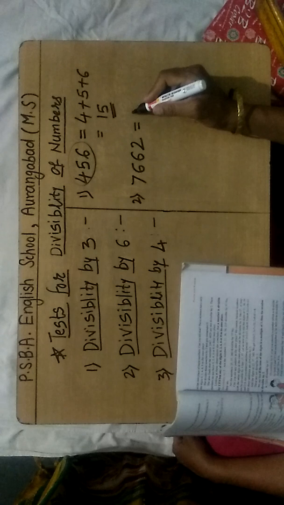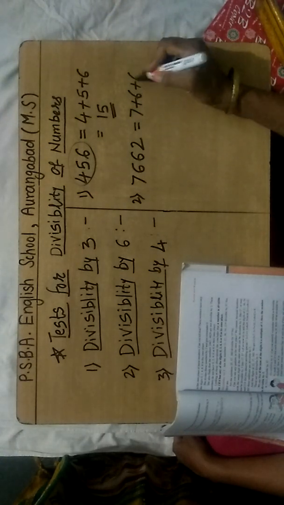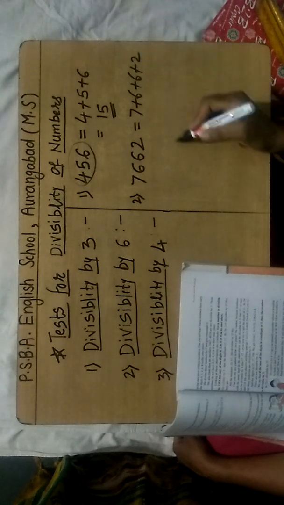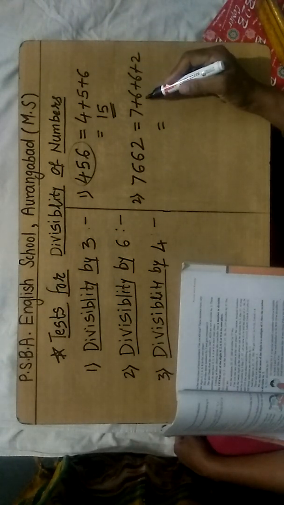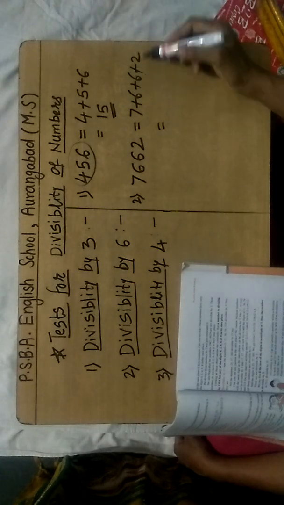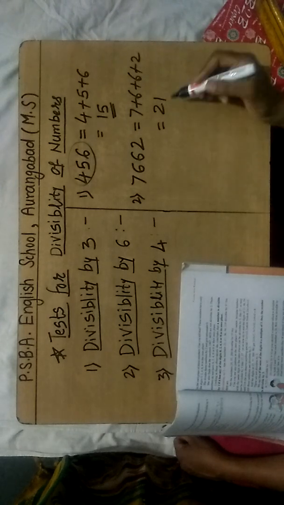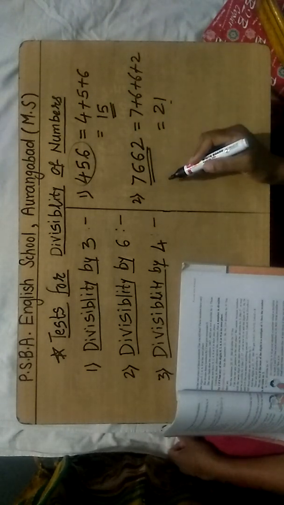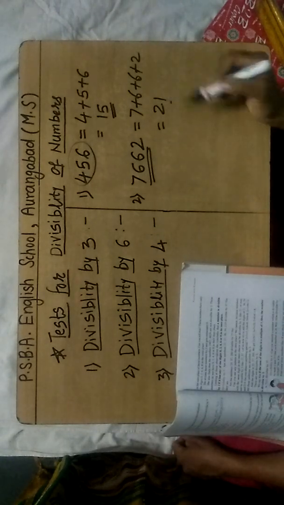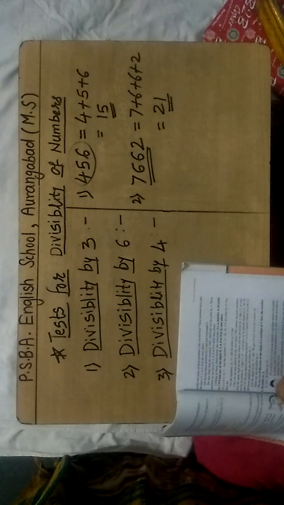We will take the addition of these digits: 7 plus 6 plus 6 plus 2. The answer will come 7 plus 6 is 13, plus 6 is 19, plus 2 is equal to 21. Now 21 is divisible by 3. Therefore, the number 7,662 will be divisible by 3. Okay, this is the divisibility by 3.